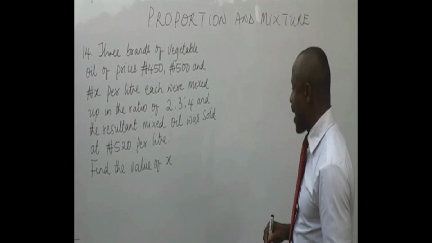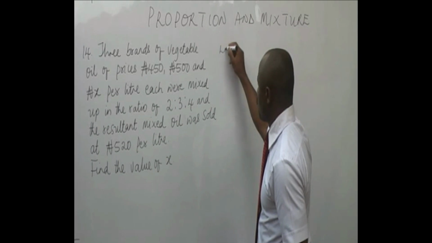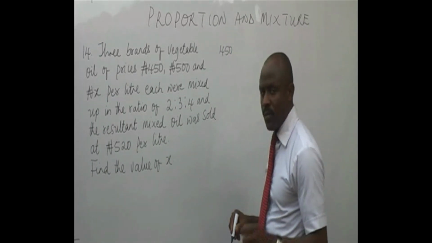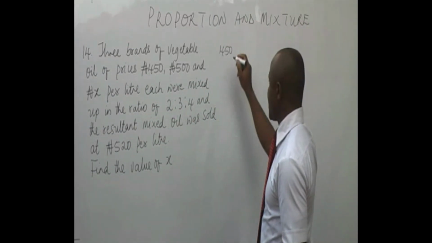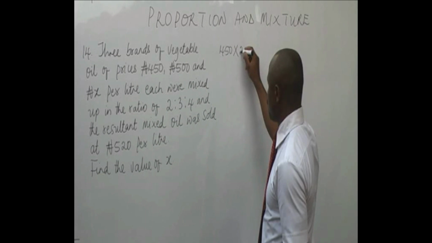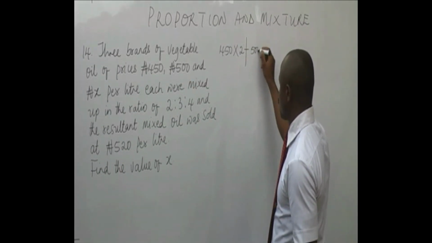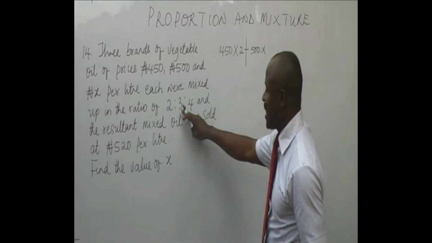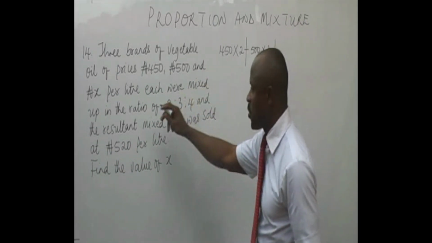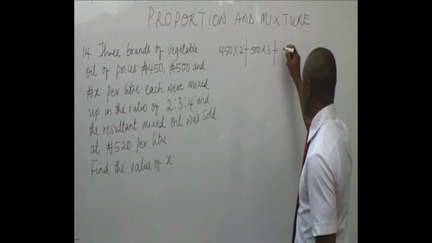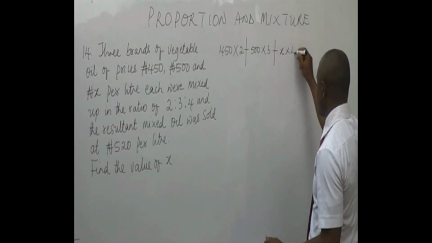So what we are arriving at now is 450. The oil that is sold 450 per liter, there are 2 liters inside the mixture, times 2, plus the one that is sold 500, there are 3 liters of it in the mixture, plus the one that is sold X per liter, times there are 4 of it in the mixture.